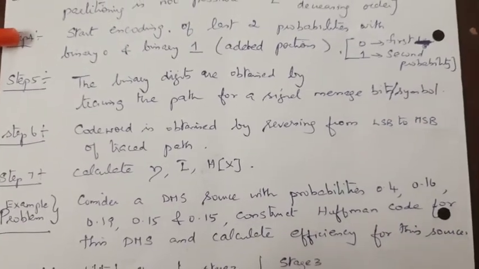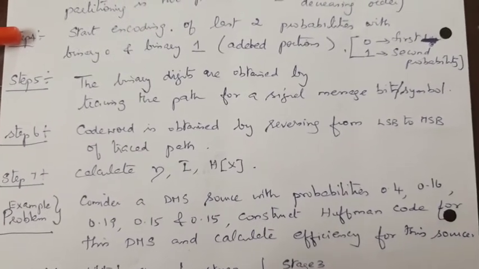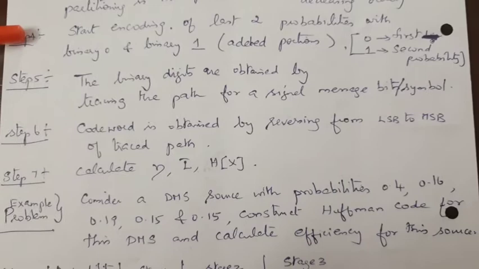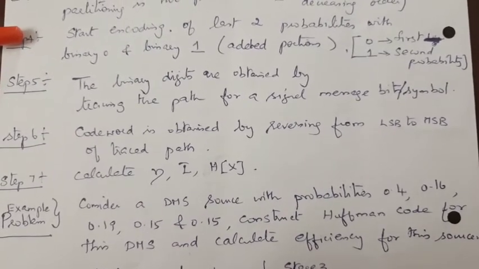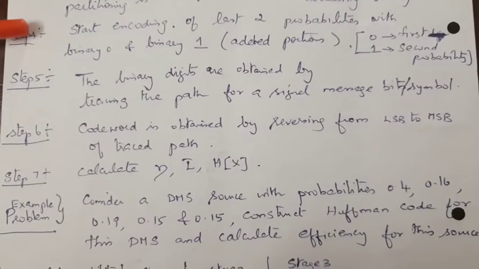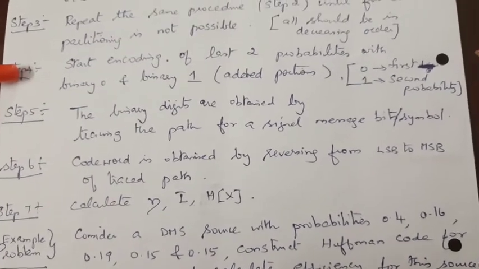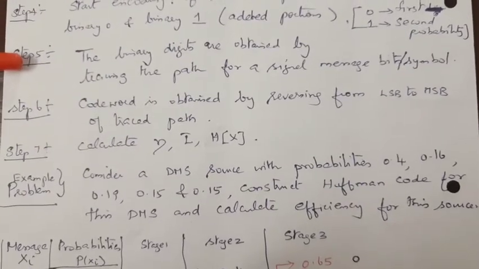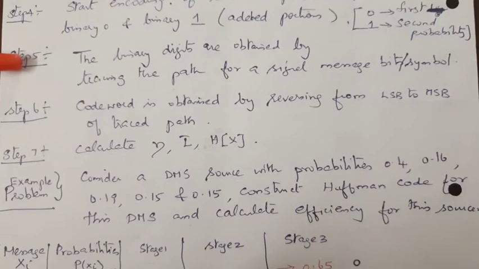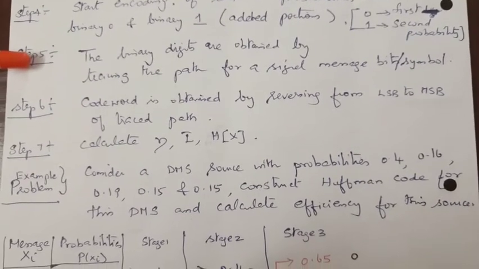Step 4, after the partitioning is not possible, we are going to give the bit 0 and bit 1 for the assigned probability values. Bit 0 will occupy the upper part, bit 1 will occupy the lower part. Step 5, the binary digits are obtained by tracing the path for a single bit per message.